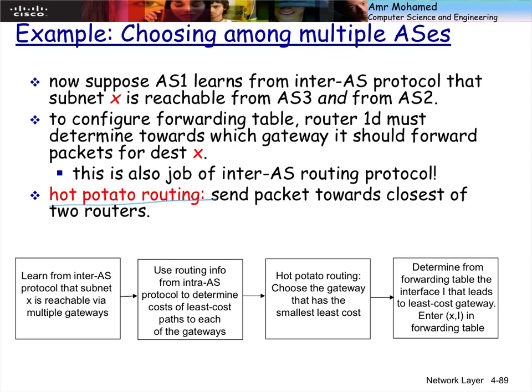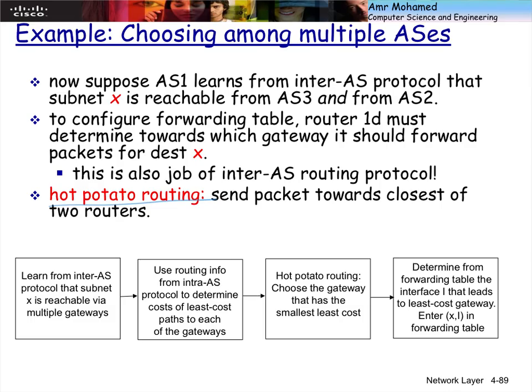So this is what this example tries to do. First we will learn, of course, from the route updates within the border gateway protocol, from the inter-autonomous system protocol, that subnet X is reachable via multiple gateways. We get route updates from both gateway routers that they have a path to X. So first we apply the policy.